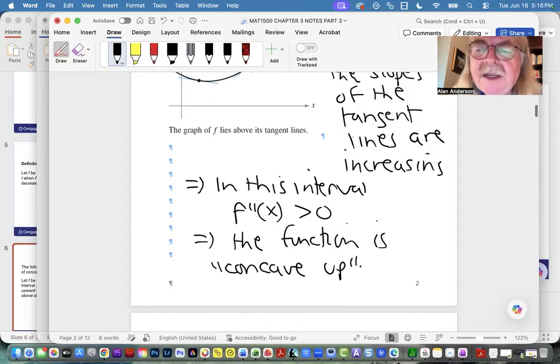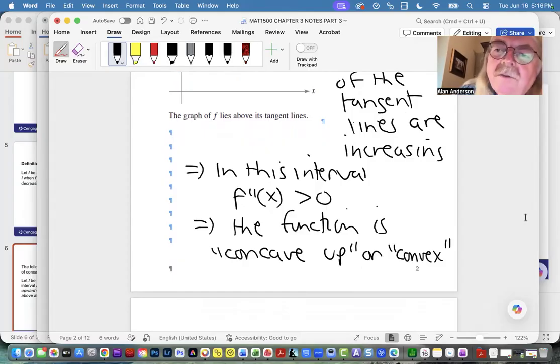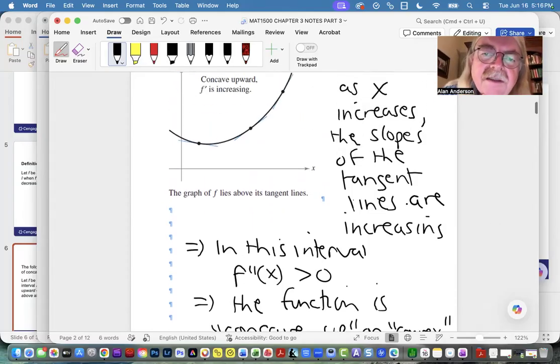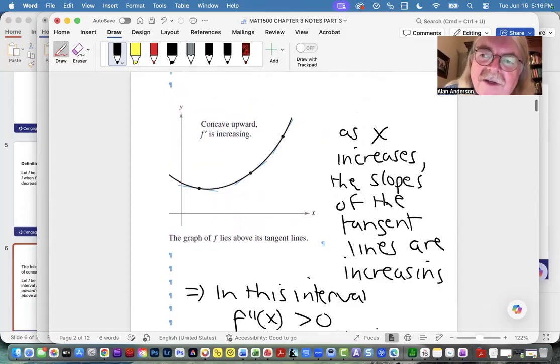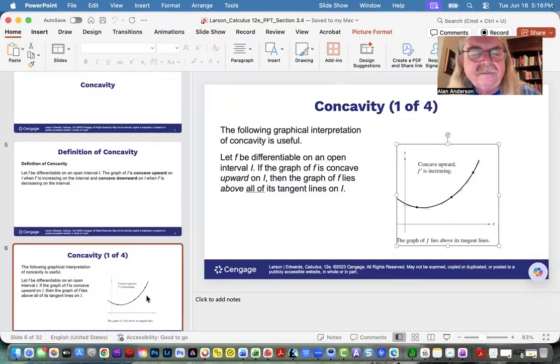Now, by the way, some books also refer to this as convex. Just be aware of that. So here they're just going to stick with concave up. Now, of course, if there's a concave up, there must be a concave down. What does that mean? So here's how that one would work.